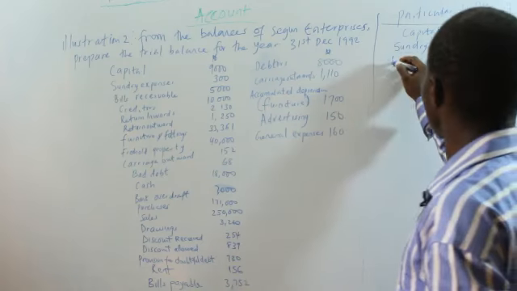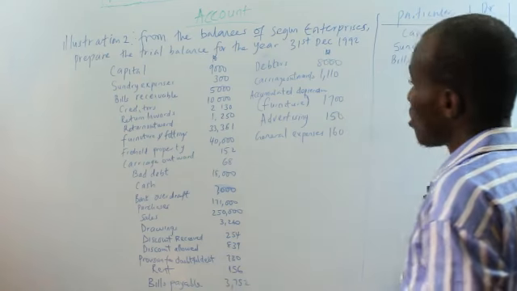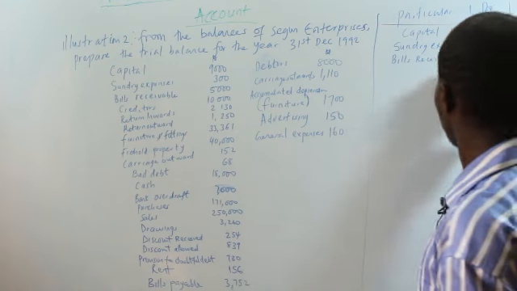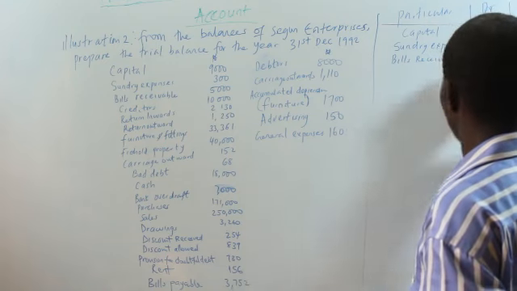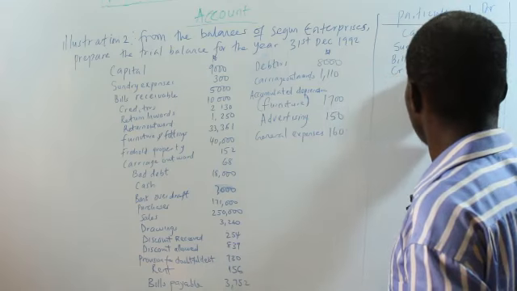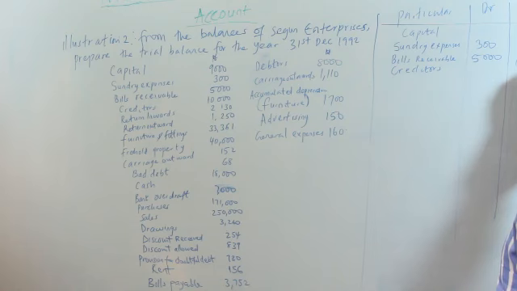So we have bills receivable. Bills receivable is a current asset that will be debited 5,000 naira. So we have creditors. Creditors are a liability, so that will be credited 10,000 naira.